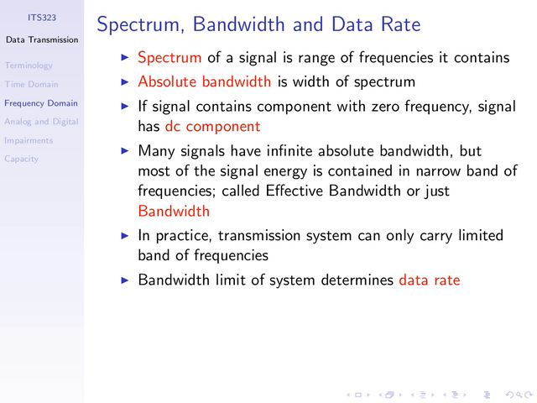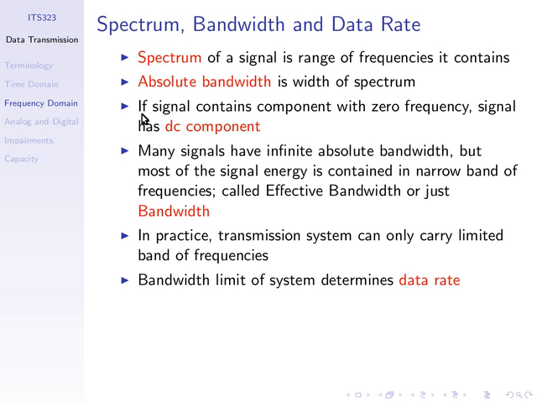Absolute bandwidth is the width between here and here. 500 minus 100, 400 hertz. So given a plot in the frequency domain, we can look at bandwidth and spectrum reasonably easily. In the time domain, it's not so easy to visualize what those values are.